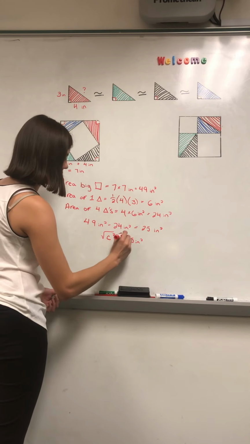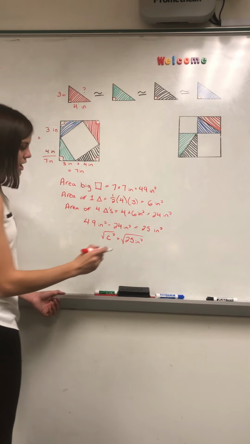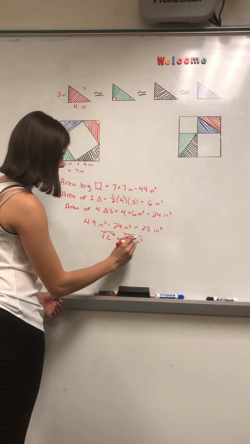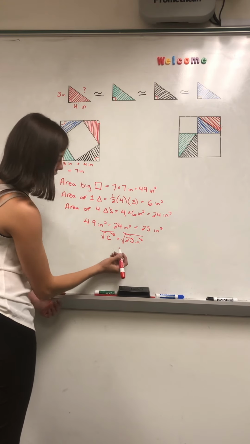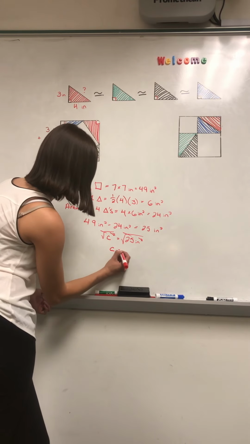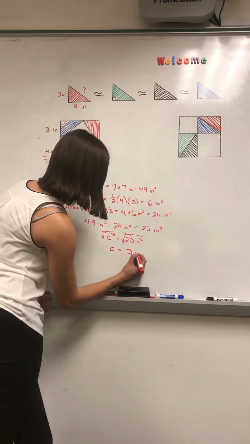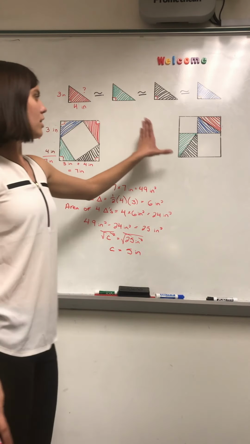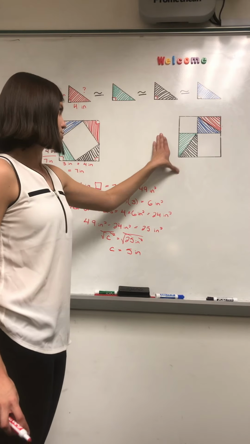And we're going to square root that. Because of that, the square root is going to cancel out the squared, and then we just have to square root 25, and 25 is a perfect square, so we actually get 5 inches as our side length.